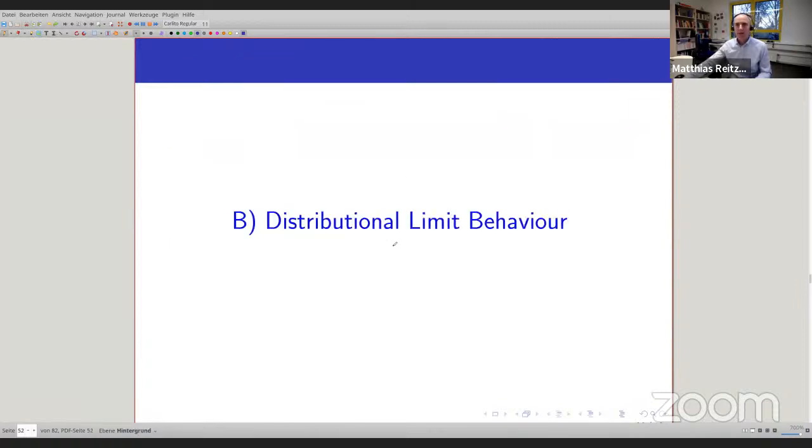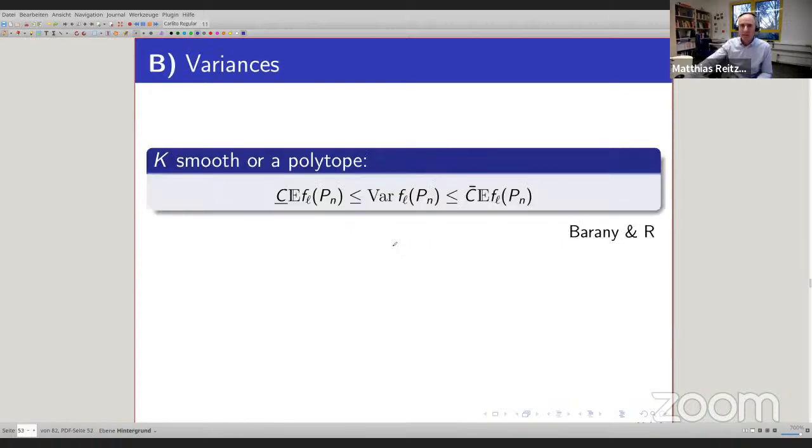Then I will continue. And the second part is again, like yesterday, about the distributional limit behavior. So I'm interested in variances and central limit theorems. And this is something which we computed already yesterday. We computed more or less, or I gave a hint how to compute what's going on for the variance. So the expectation is something like n to the power 1/3 in the smooth case.